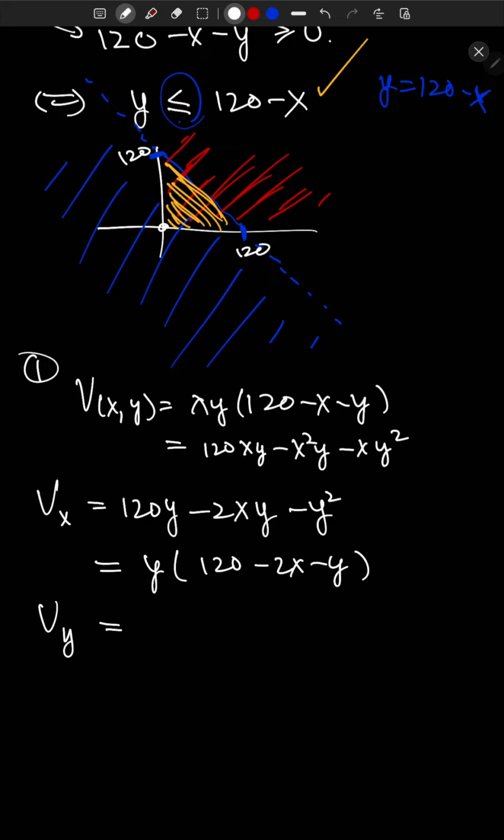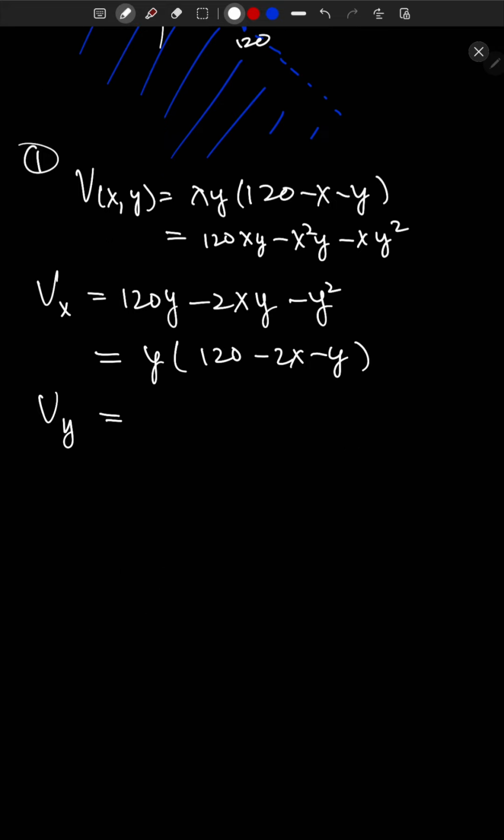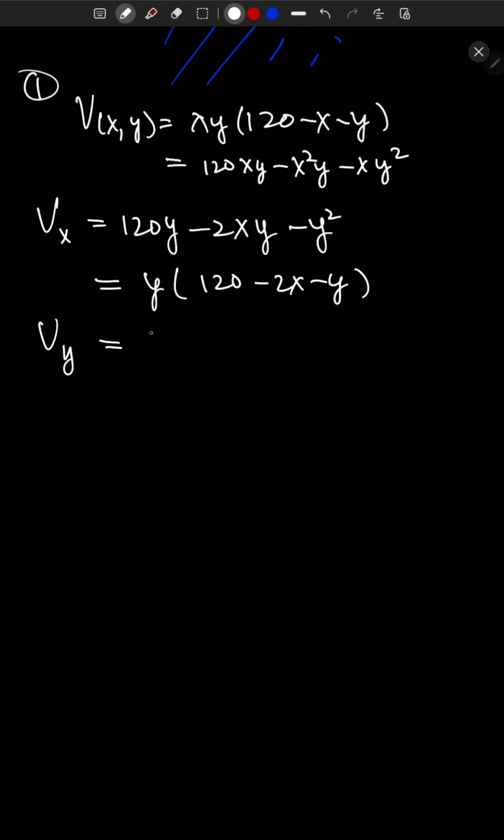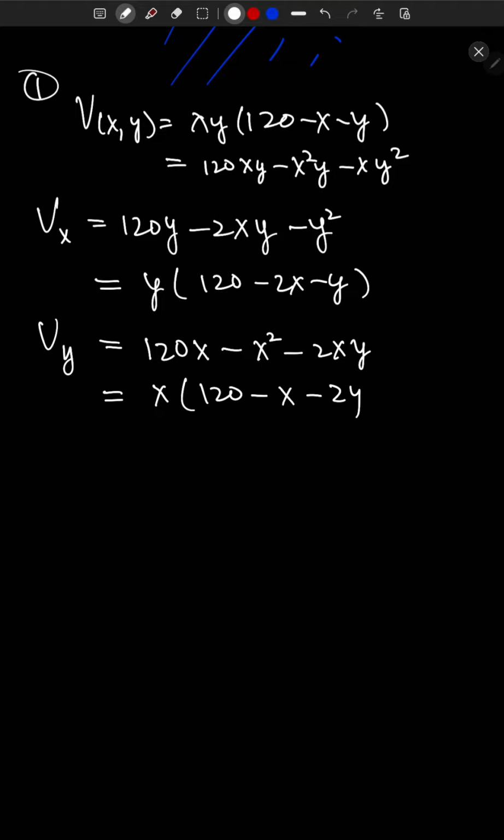And then v sub y is 120x minus x squared minus 2xy. I've got x's there, so this is x times 120 minus x minus 2y.